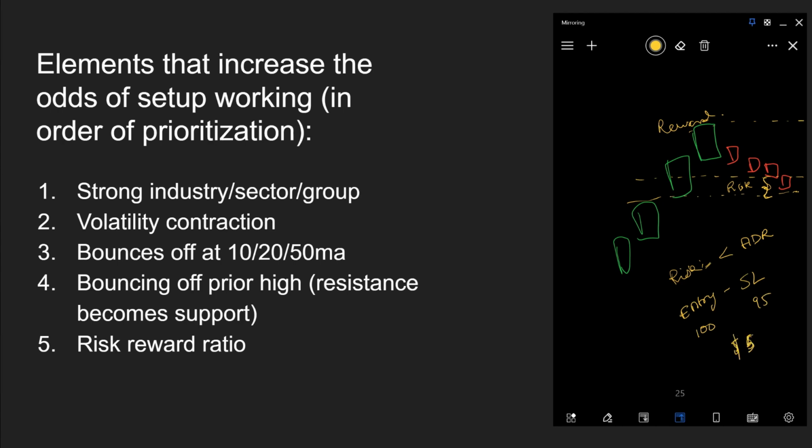So I want the risk to be less than the ADR of the stock, or if I want a really, really good risk reward, then less than half the ADR of the stock. So in this case, since it's $5 and Carvana has an ADR of 10%, this is totally acceptable. This would be less than half ADR.